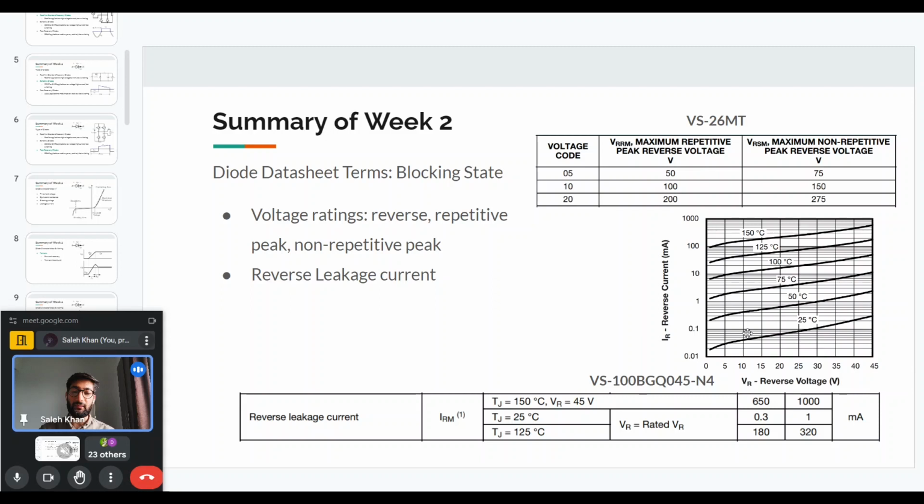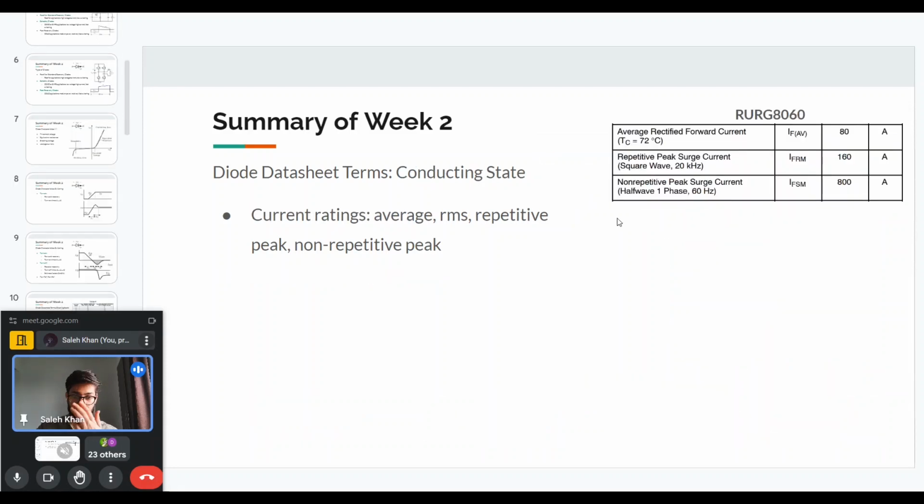Now we can come to the conducting state, when the diode is forward biased and starts to conduct. Then we are also provided with many current ratings. It is similar to what was shown for the voltage. The diode can handle some average current, but the peak current can go more than this average current.